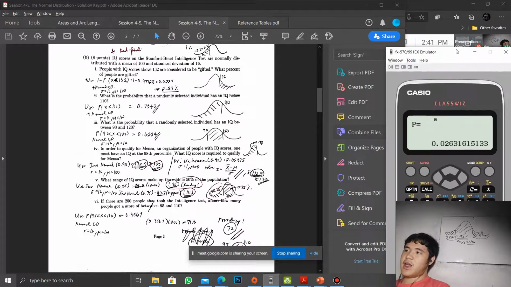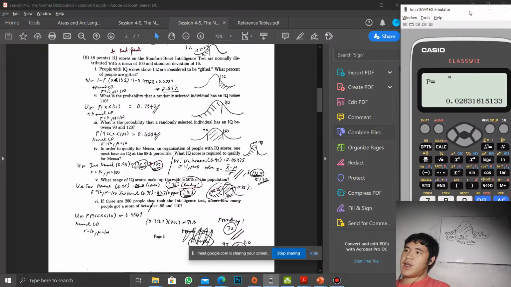Let's try 2A. IQ scores on the Stanford Binet Intelligence Test are normally distributed with a mean of 100 and standard deviation of 16. Scores above 132 are considered to be gifted.